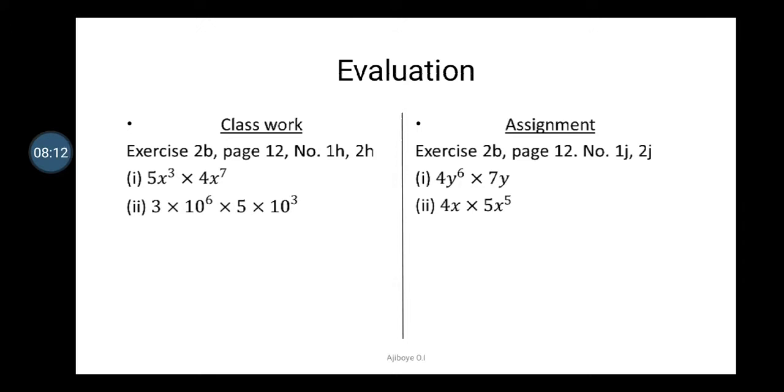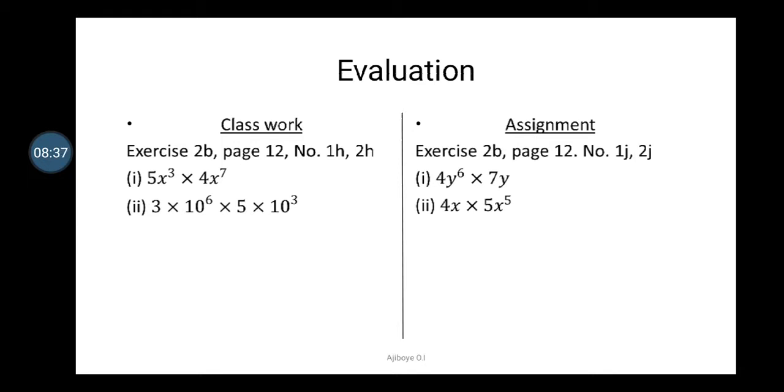And our evaluation classwork, it's on exercise 2B, page 12, number 1H and 2H of the reference material is our classwork. So attempt the classwork, take a snapshot and send it to my WhatsApp number right away. I give you just 5 minutes to do the classwork.